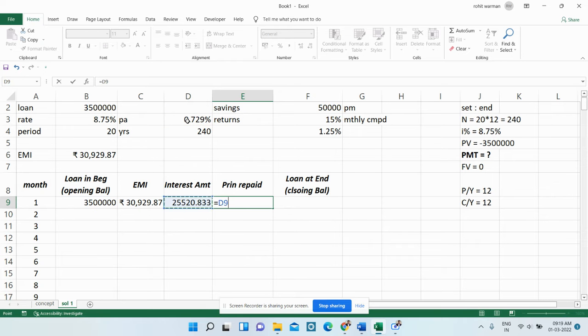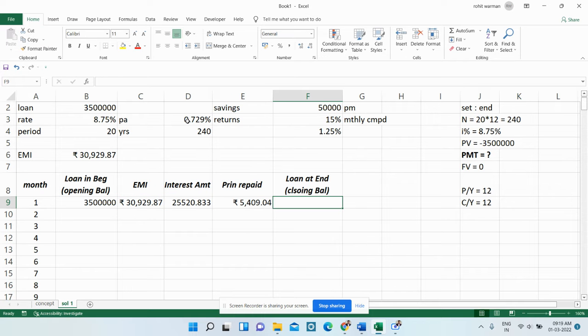The principal repaid is your EMI less the interest amount, and the loan at the end is 35 lakhs minus the principal repaid. The loan at the end of the first month will be the opening for the second month.